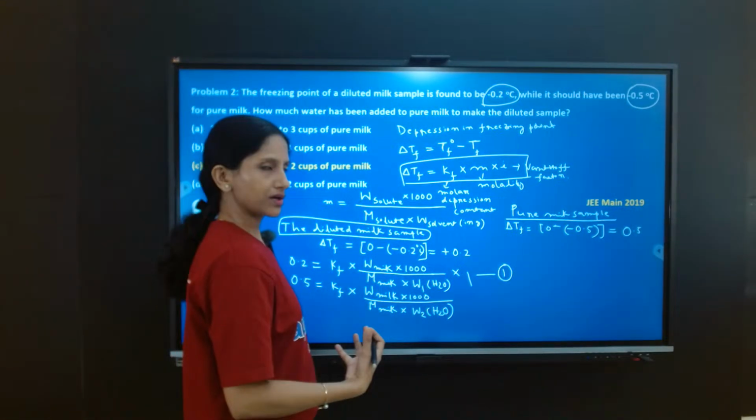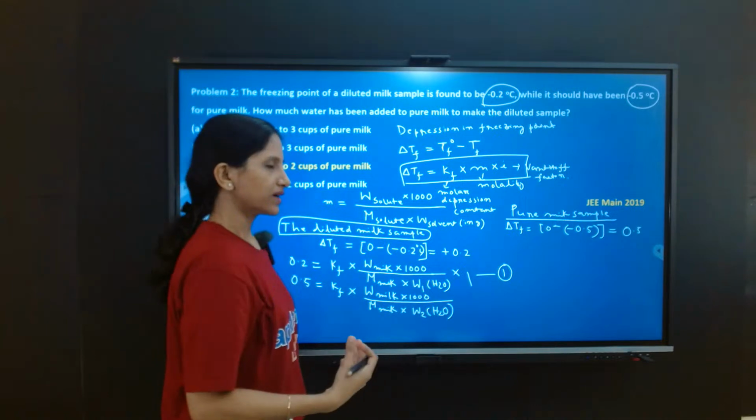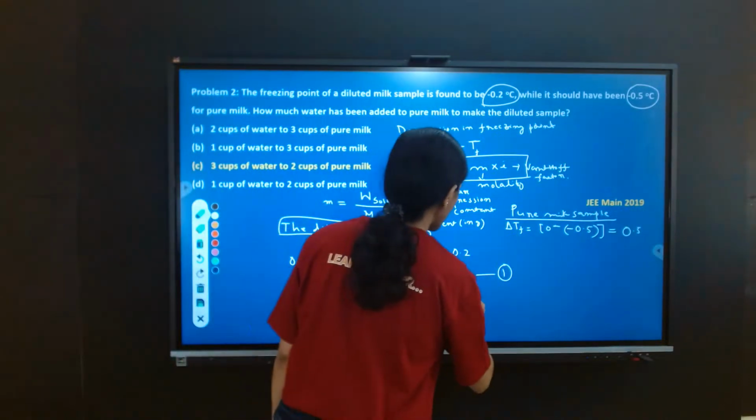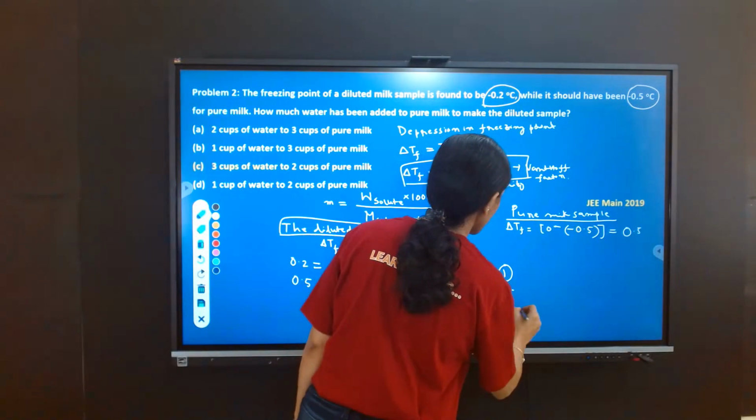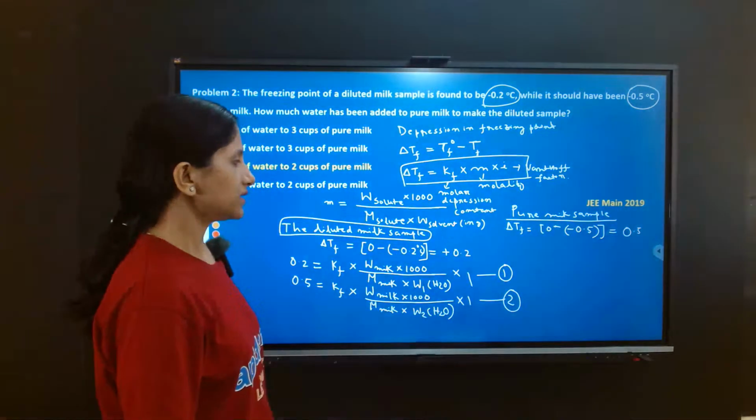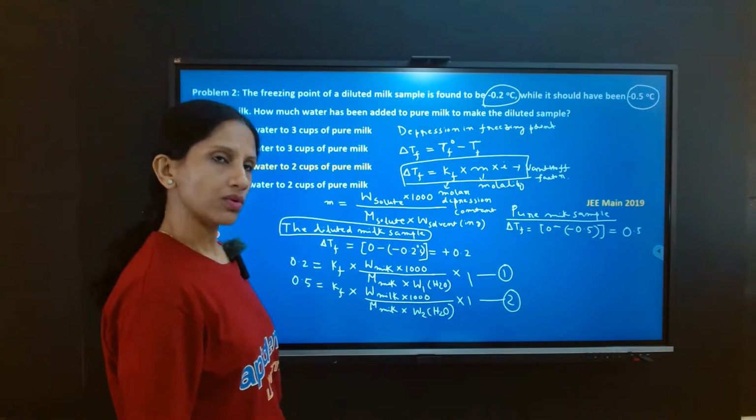The weight of the water W2 has been considered for the pure milk sample, and the Van't Hoff factor is 1 again for the same sample. So let's number the equation as equation 2.